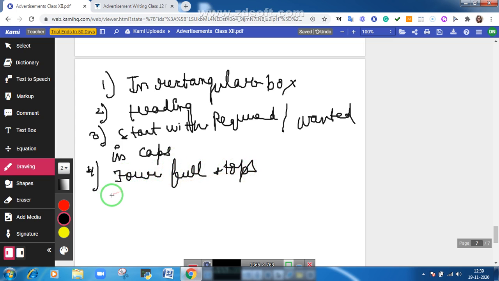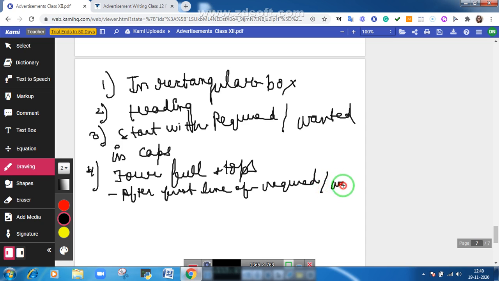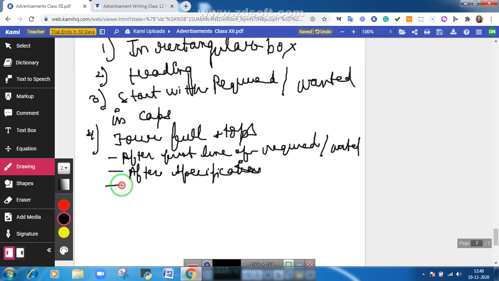Okay, the first one after the first line of required or wanted, then second is after specifications. Specifications like where do you want the plot, what the plot should have, etc. Third, after your rent or salary line, and fourth in the end.